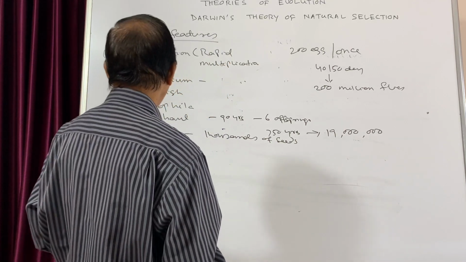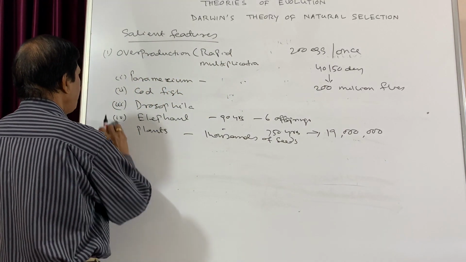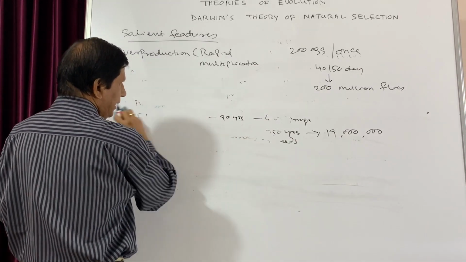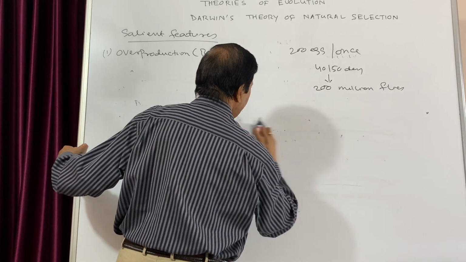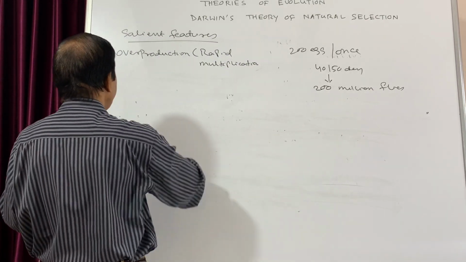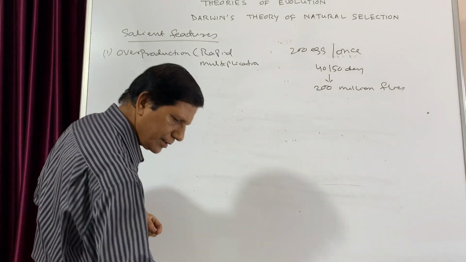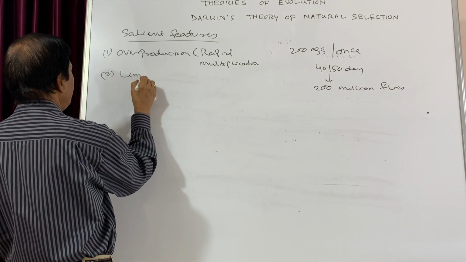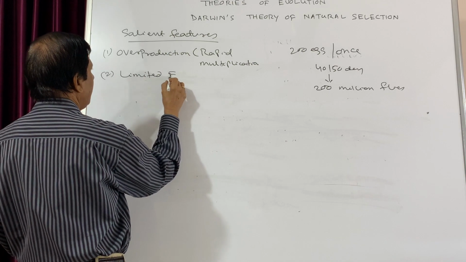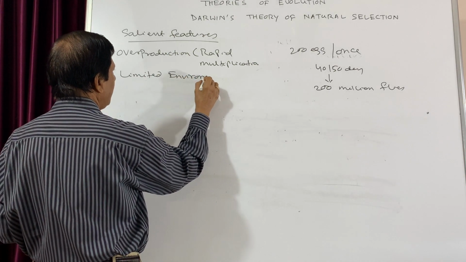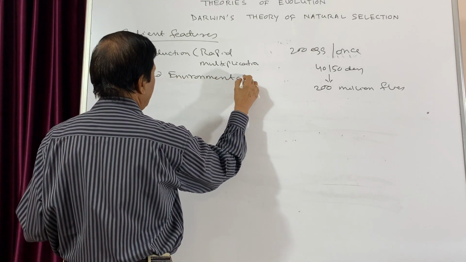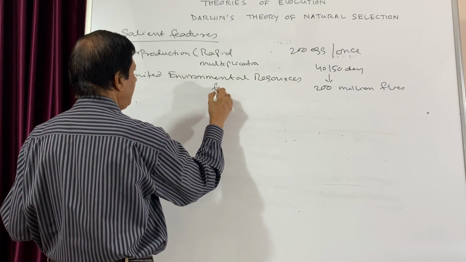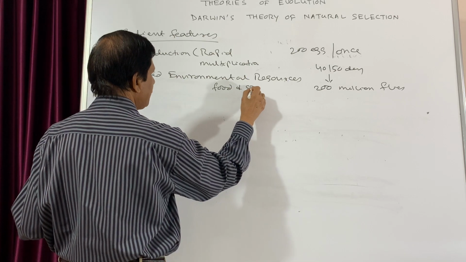Now you will come to the second point. The second point is limited environmental resources, meaning food and space.